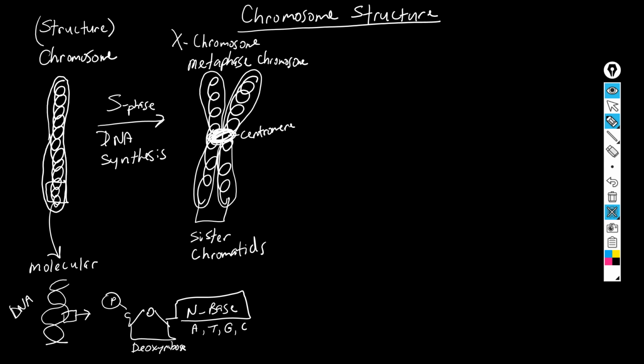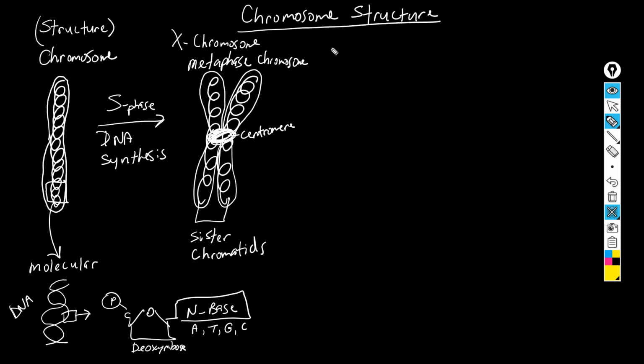Also, keep in mind, if we were to diagram this out on a molecular level, when the DNA replicates, it unzips and splits, and each new DNA strand consists of one original strand and one new strand, and therefore we call that the semi-conservative model.